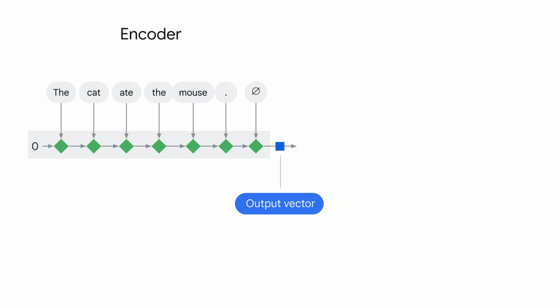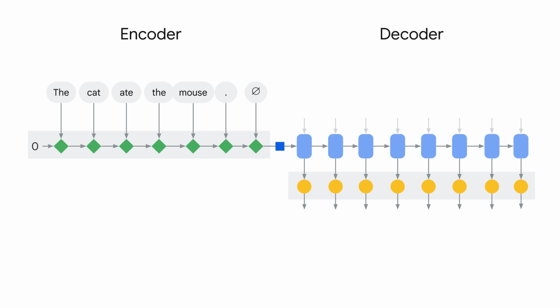That's it for the encoder. What about the decoder part? The decoder takes the vector representation of the input sentence and produces an output sentence from that representation. In the case of an RNN decoder, it does it in steps, decoding the output one token at a time using the current state and what has been decoded so far.